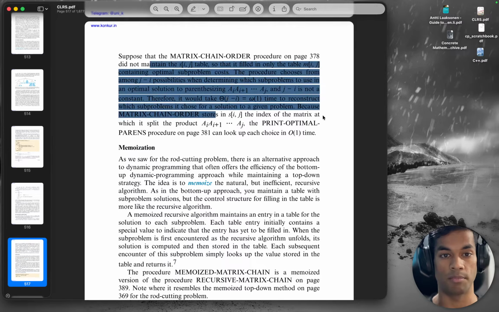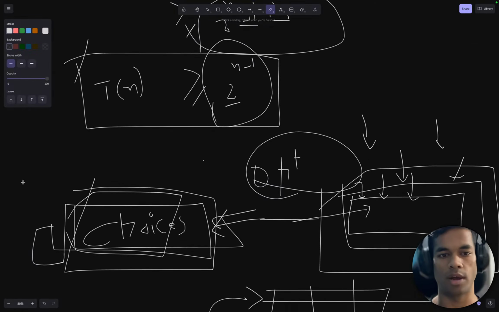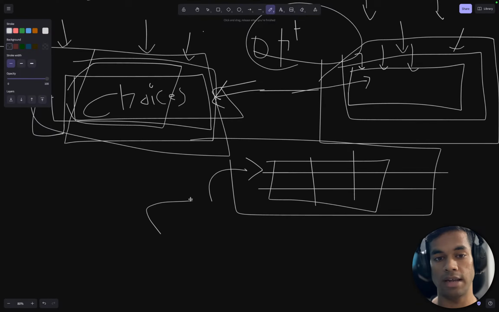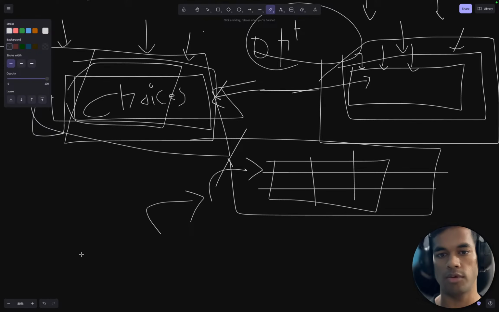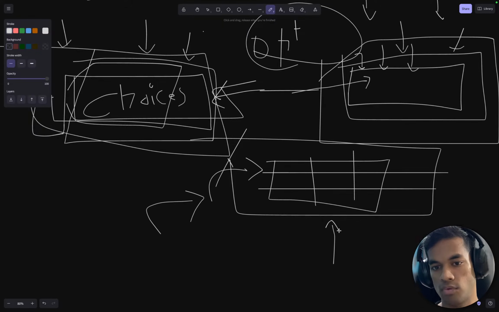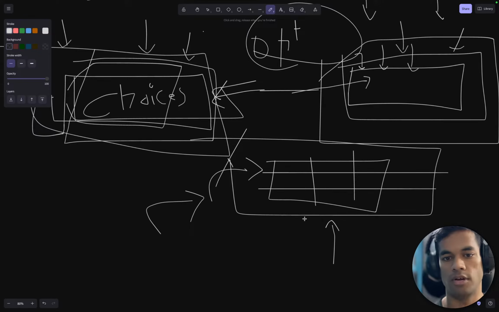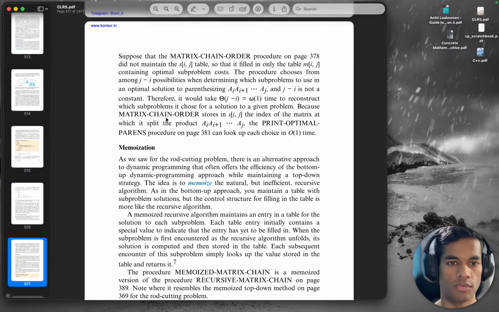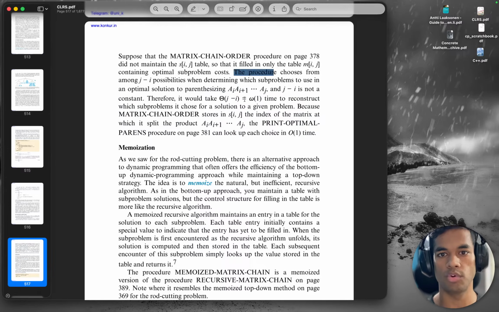Anyways, memoization. Since dynamic programming involves making a bunch of choices and finding out which choice is the best, we can have a separate data structure which stores the choices we made to get to the optimal solution. Going through that data structure, we can construct the solution which led us to the optimal solution. The procedure chooses from among j minus i possibilities.